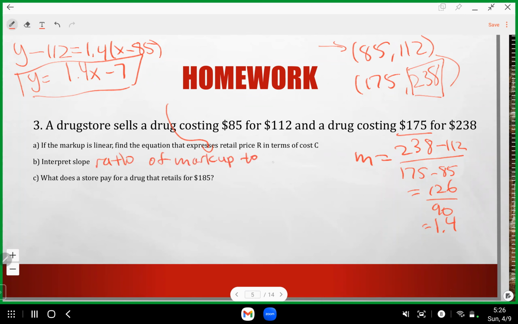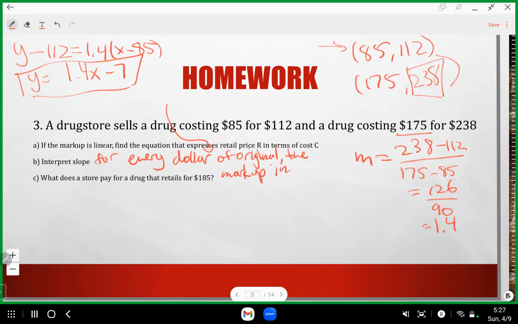Well, not necessarily the ratio. That's wrong. For every dollar of the original, the markup increases by $1.4.